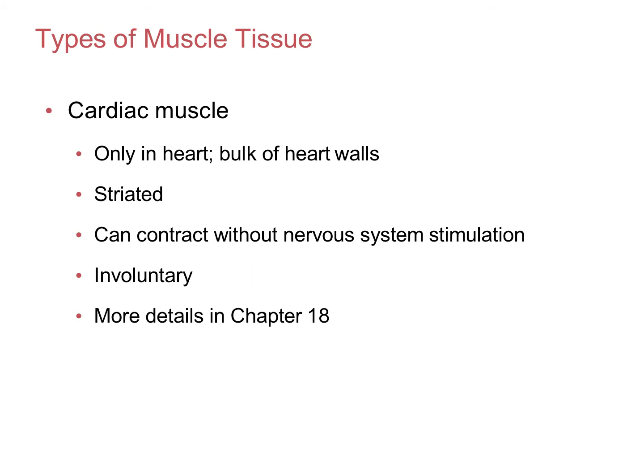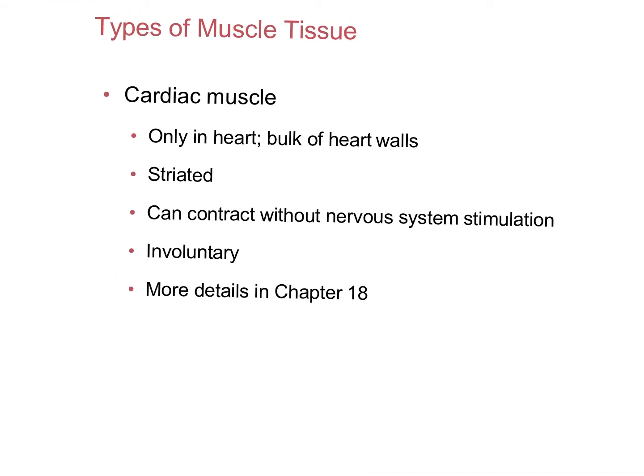Let's talk about cardiac muscle. Cardiac muscle is only found in the heart. It is also striated. The striations in skeletal muscle and in cardiac muscle are actually how the contractions occur.